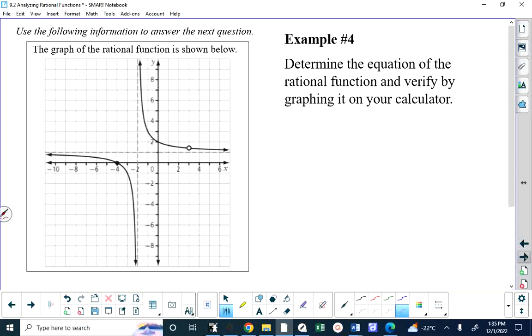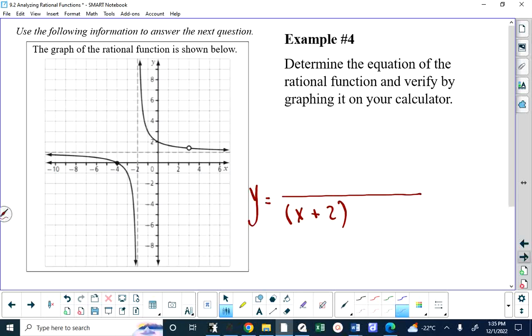Okay? Well, we're going to build this from the ground up and say y is equal to, and I'm looking at this and seeing that there's a non-permissible value of negative 2. Which means x can't equal negative 2. That must mean there's a factor of x plus 2 in the denominator of this function.